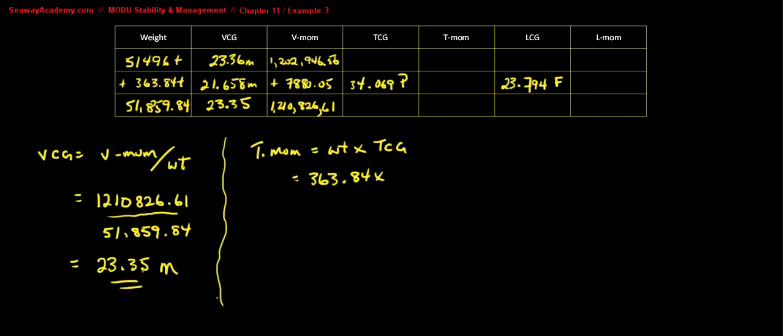And your transverse center of gravity is 34.069. So when you multiply these together, you get a transverse moment of 12,395.66 ton meters.